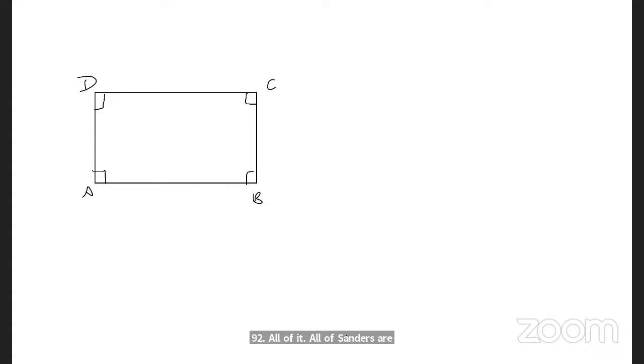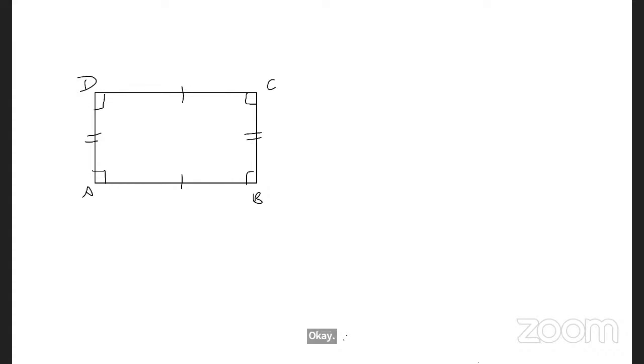And the opposite sides are also parallel. That is, AB will be parallel to DC, and CB will be parallel to DA.